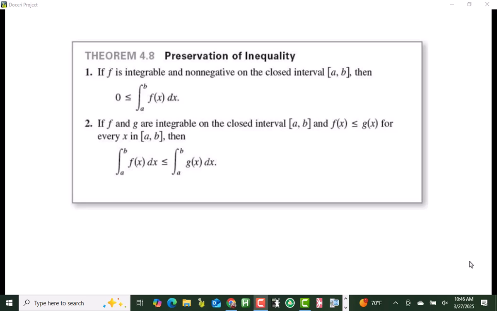It starts at A and goes to B. And at the bottom, it's reminding us that given the same interval, if the integral of f of x is less than or equal to the integral of g of x, then unless they are equal, the area under the f curve is going to be less than the area under the g curve. That's all it's saying. Yeah, that makes sense.